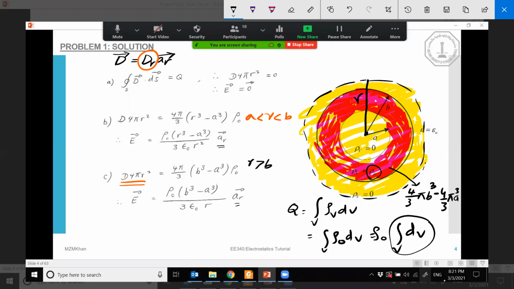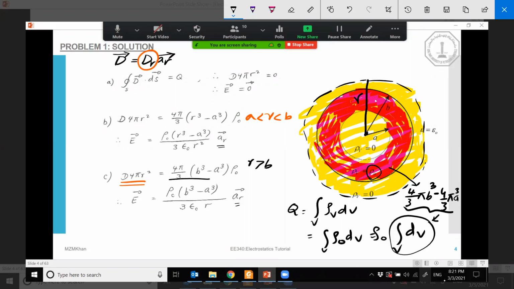Why? Because this is the volume of my inner sphere of radius A. If I subtract the volume of the sphere of radius A from the volume of the sphere of radius B, then I will get this red region volume.